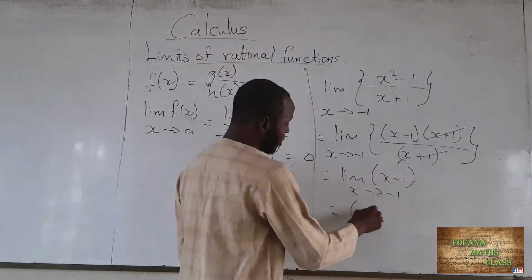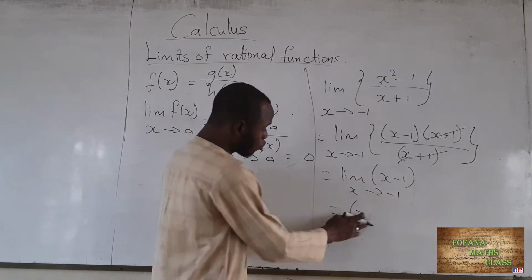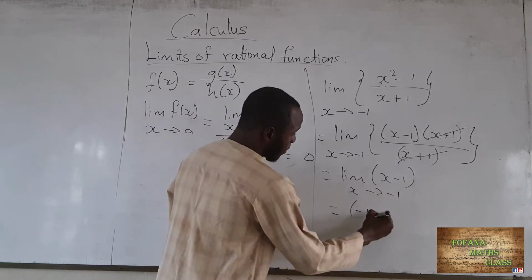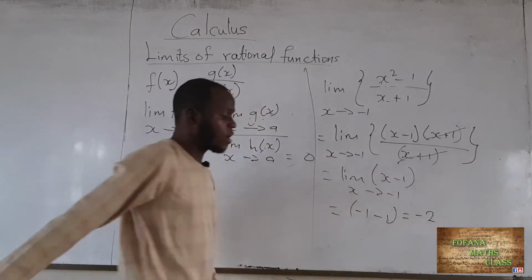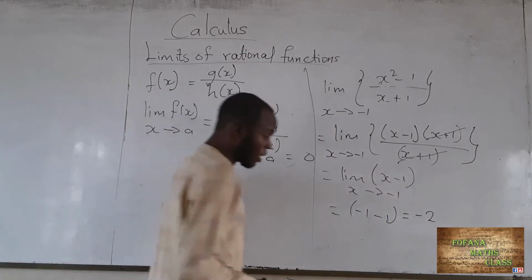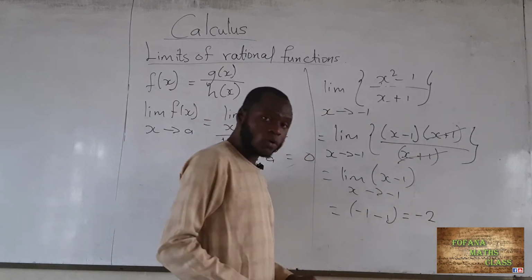From here we can insert our -1 into the expression. Now we have -1 minus 1, which gives us -2 as our answer.